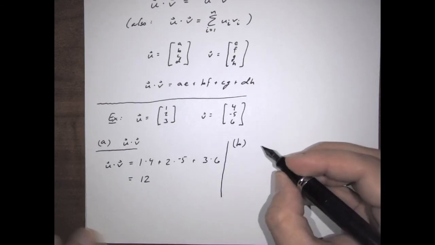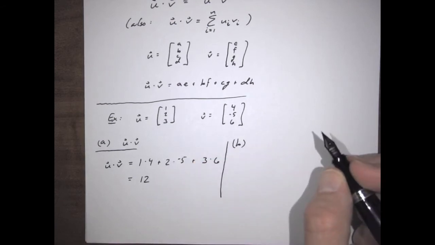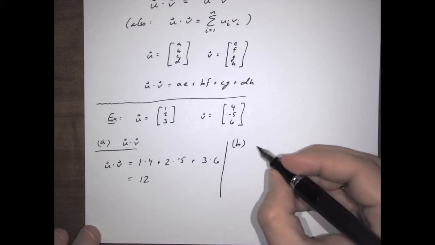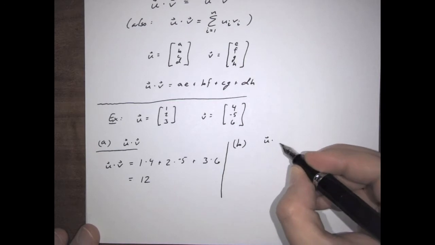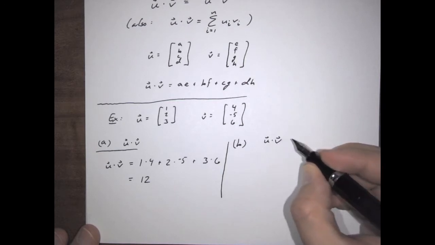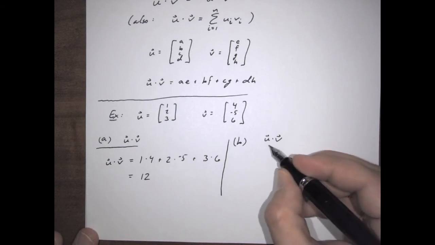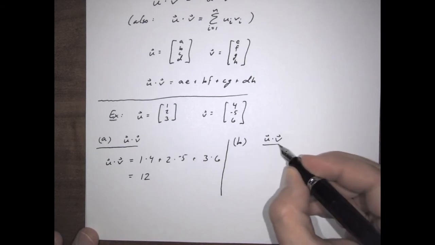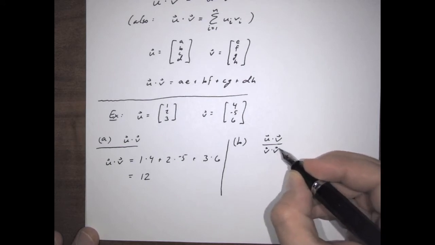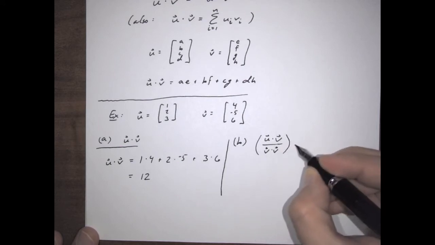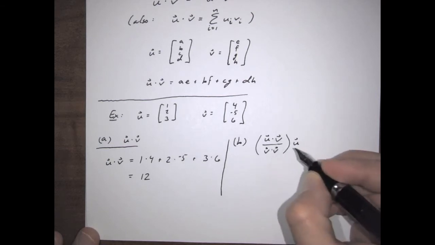B. So that's the kind of simple thing we could do, but we might do something more complicated, and this is the kind of thing that actually comes up pretty frequently in certain kinds of calculations. We'll see in the next section what this actually is accomplishing, but u dot v divided by v dot v, and that all times u. No, that's a dot, that's a dot, that one is not a dot.